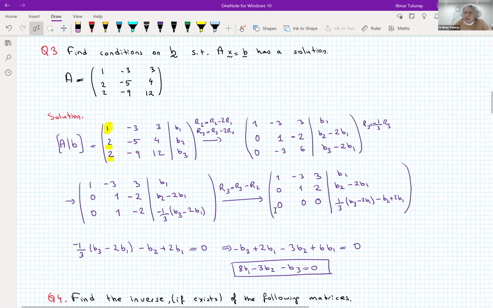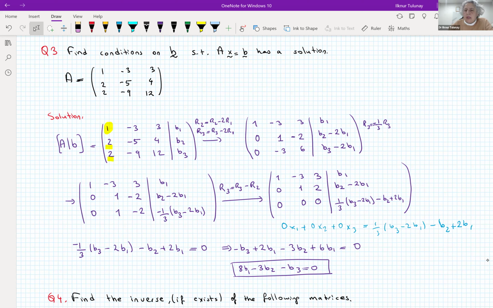We want to understand the condition on B. The last row says something to us, because this last row, together with the unknown vector x1, x2, x3, says that 0x1 plus 0x2 plus 0x3 is equal to this B expression, 1 over 3, whatever that is, B3 minus 2B1 minus B2 plus 2B1.